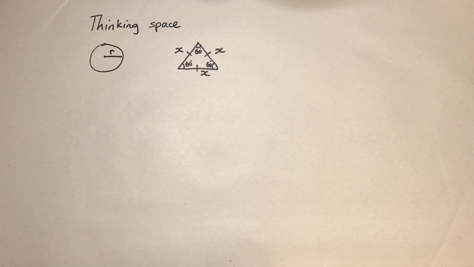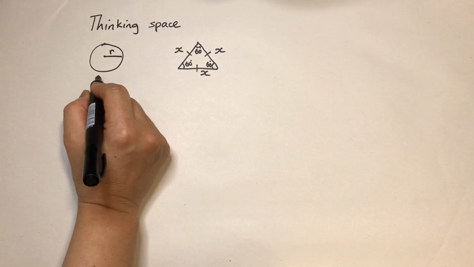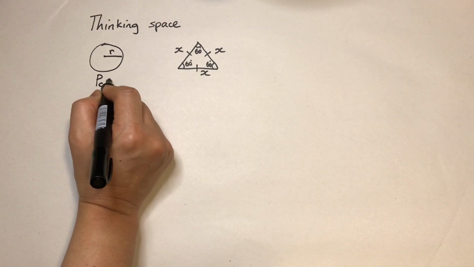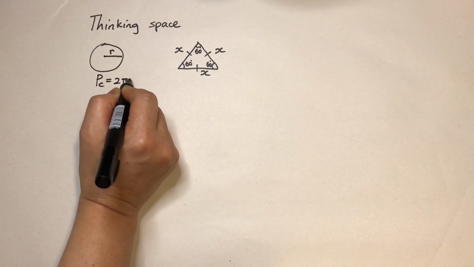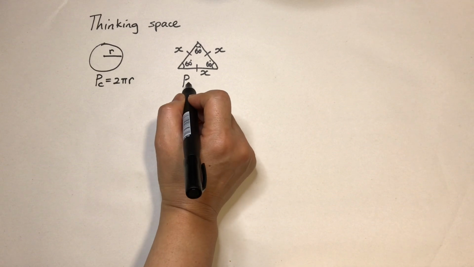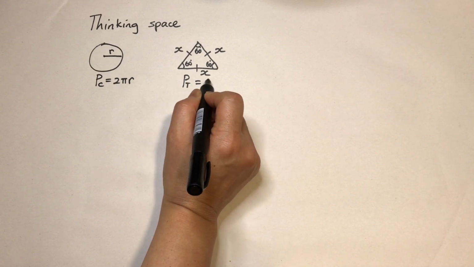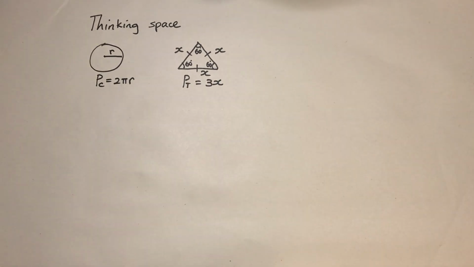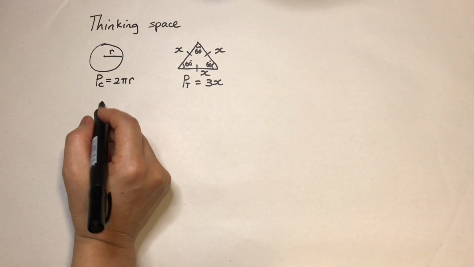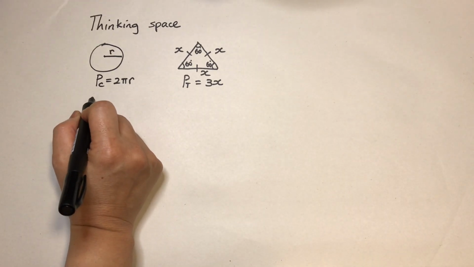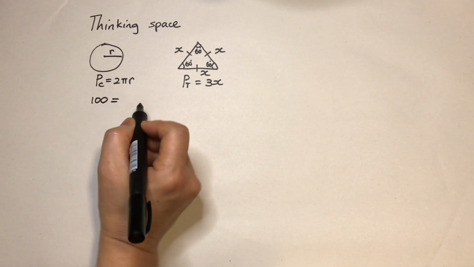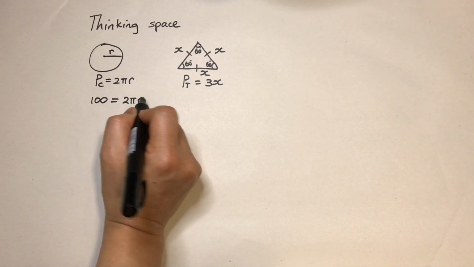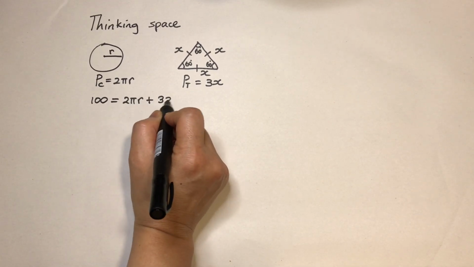Thinking of perimeter here, the perimeter of the circle equals 2 pi r. The perimeter of the triangle is 3x, because x plus x plus x is 3x. Now I had 100 as a total, so I'm going to write 100 centimeters equals 2 pi r plus 3x.